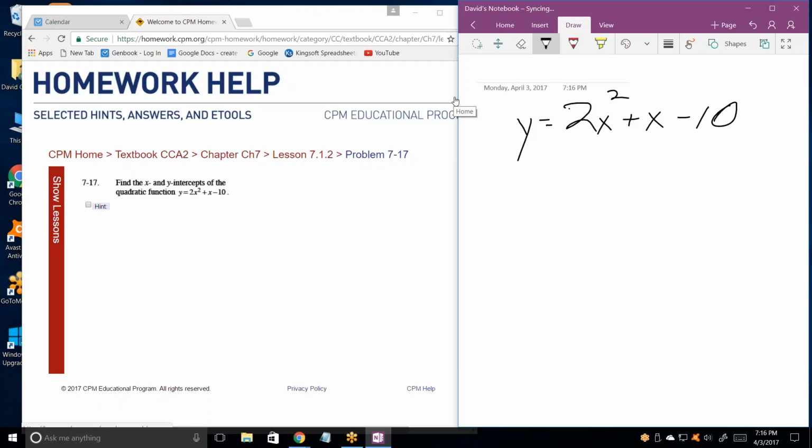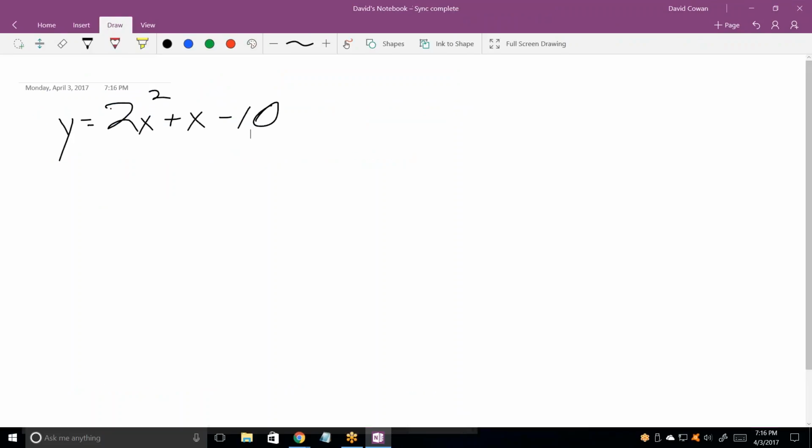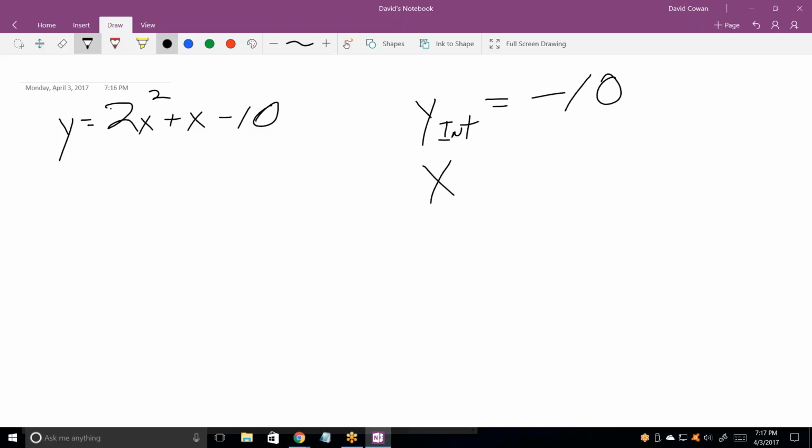X and Y intercepts. If I want the Y-intercept, what do I do? You put 0 in for X. Good. So what does the Y-intercept equal? -10. That's the easy one. If I want the X-intercept, what do I do?